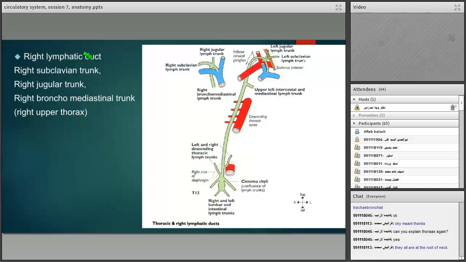The right lymphatic duct is receiving the lymph from the right subclavian trunk, the upper limb on the right side, the right jugular trunk from the right side of the head and neck, and the right bronchomediastinal trunk from the right upper side of the thorax.